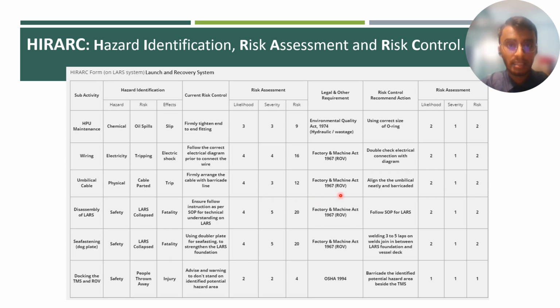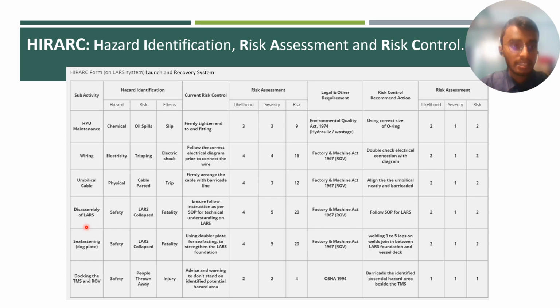And legal and other requirement is Factory and Machinery Act 1967 ROV, and the recommended risk control action is to align the umbilical neatly and barricade it. After the action taken, the risk assessment likelihood is 2, severity is 1 and the risk calculated is 2.